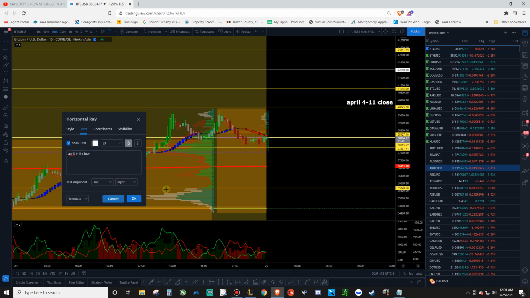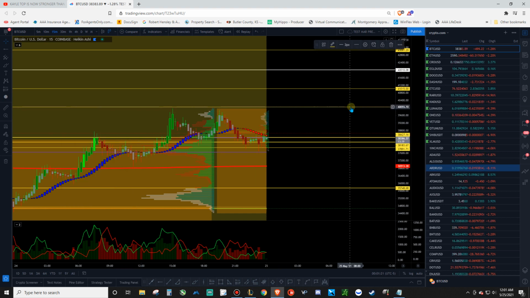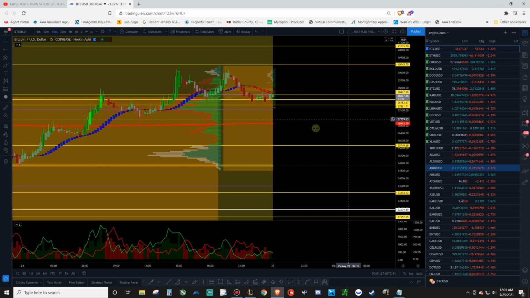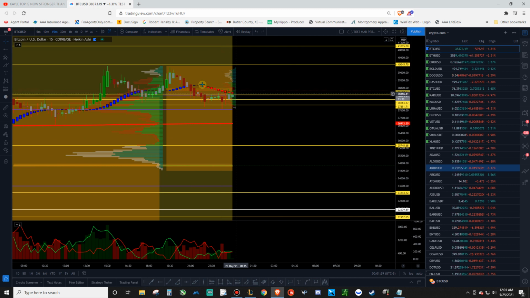Then you can see it, but I don't care that much. I just want to know that it's a weekly level, whether it's a close, a high, a low, or an open. So that's all I really want to know. But you can see here where this is starting to act like a little bit of resistance as it's trying to break back through these weekly levels.